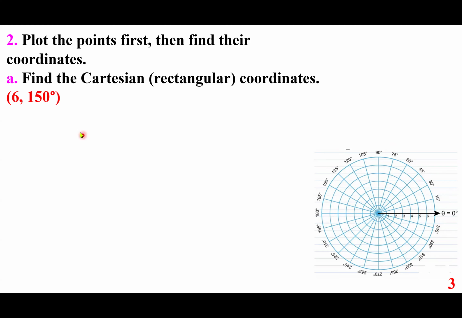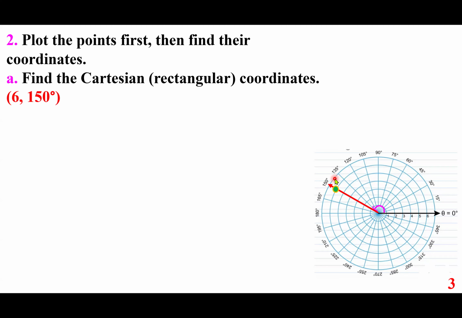Okay. So 150 is here. And we go 6 tick marks. That's how you locate that. So this is 150 and 1, 2, 3, 4, 5, 6. That's how you locate it.